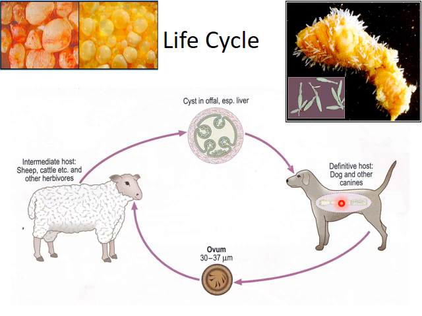The larval form develops into the adult form, fertilizes and lays eggs. The eggs released in the environment are then ingested by the sheep. Once ingested, they penetrate the intestinal wall, enter the circulation, and lodge in different organs of the sheep, wherein they mature into larvae, that is the hydatid cyst. And then these contaminated organs, when ingested by the dog, the life cycle continues.